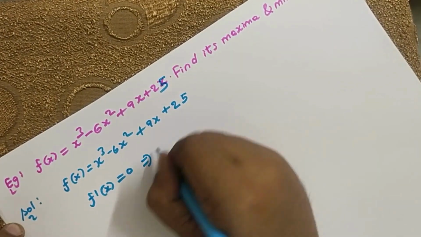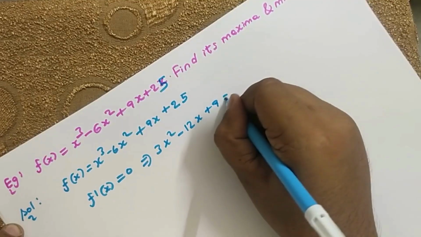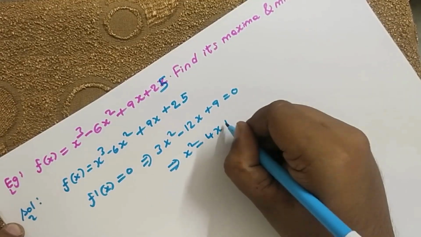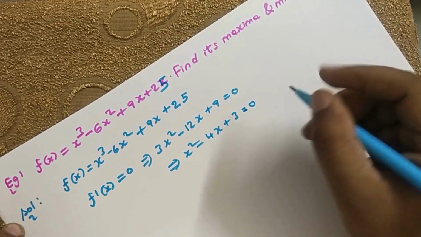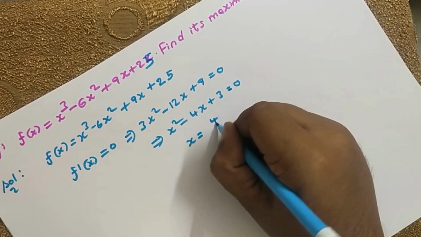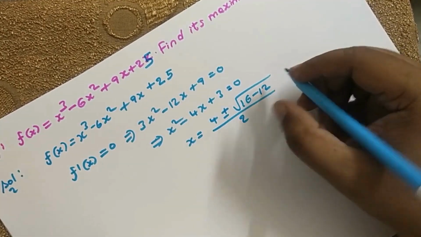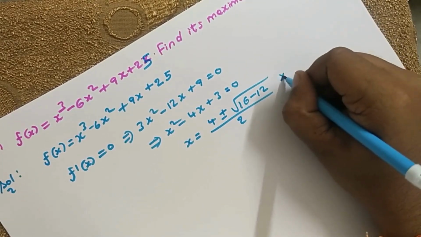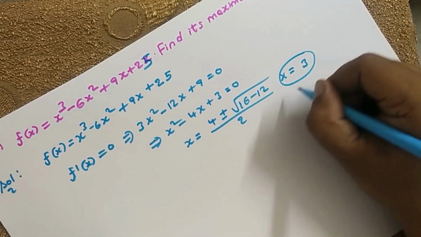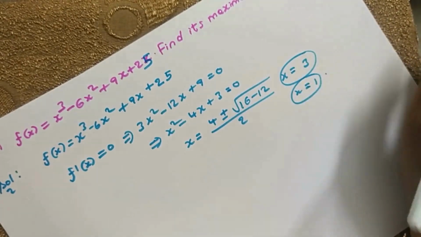Which implies 3x square minus 12x plus 9 equal to 0, which implies x square minus 4x plus 3 equal to 0. So we have to find the roots: x is equal to minus b plus minus root b square minus 4ac by 2a. If we simplify this, we get x equal to 3 and x equal to 1. These are the stationary points.